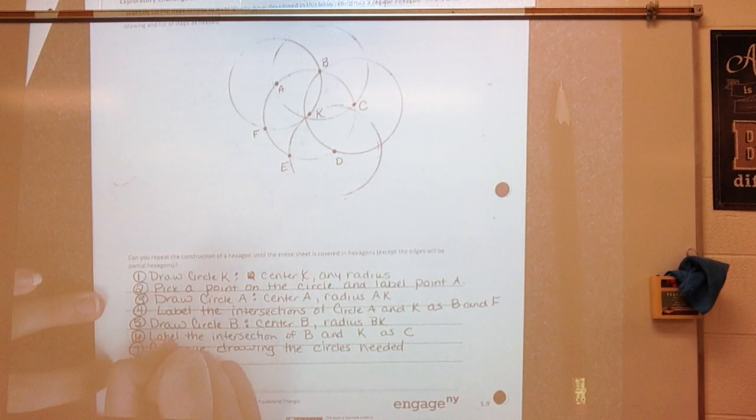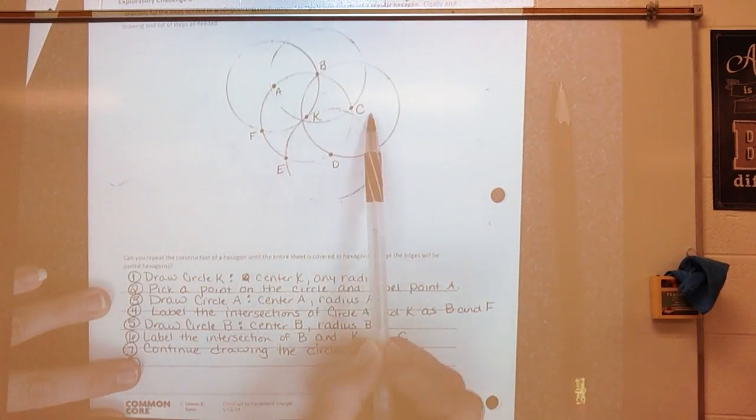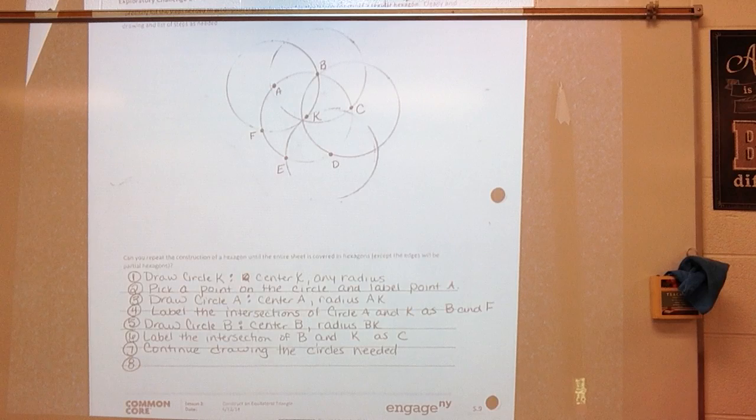Alright, we're just going to continue drawing those circles needed, because if not, our steps are going to be forever long. Alright, so now, let's look at this. I have 1, 2, 3, 4, 5, 6 points. Does that mean I'm going to be able to create 6 sides? Yes.